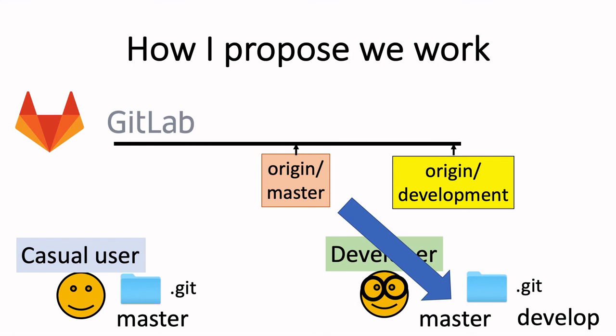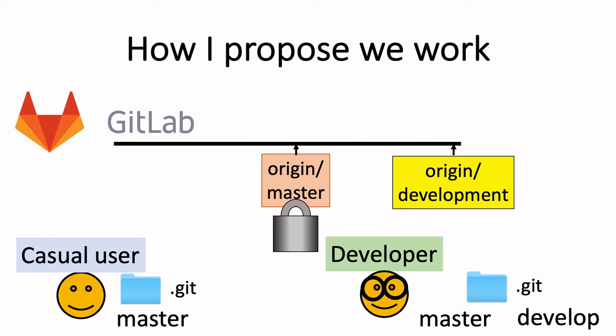If the developer just wants to use the stable version of the code, he can always check out the origin/master branch. The only thing people cannot do is push to the origin master branch. I have locked this for almost everyone. At this time, everyone in the lab has the developer role. That means everyone can push to unprotected remote branches of any project.